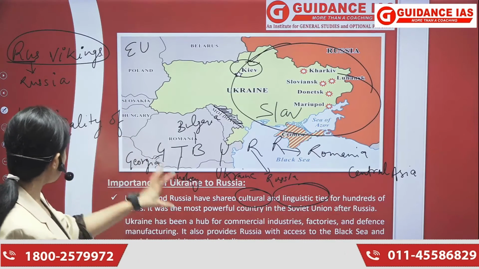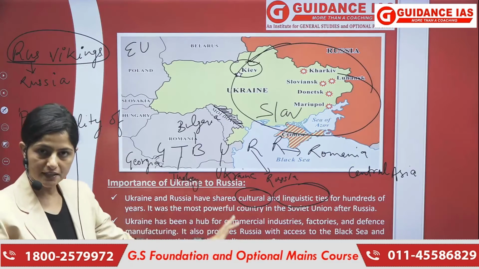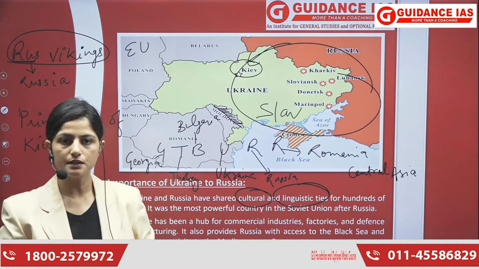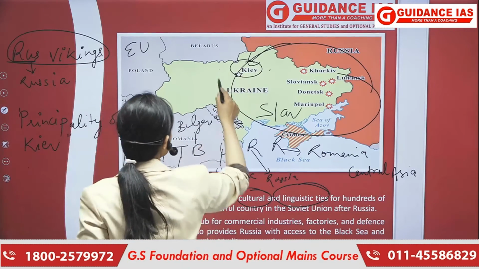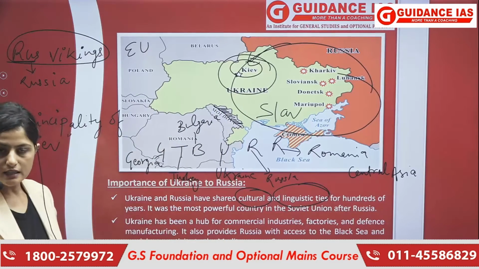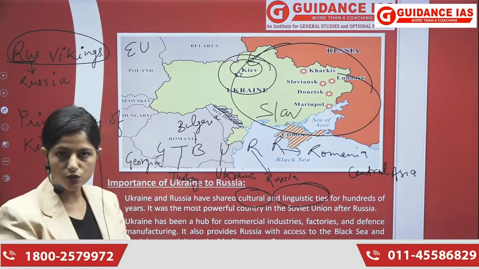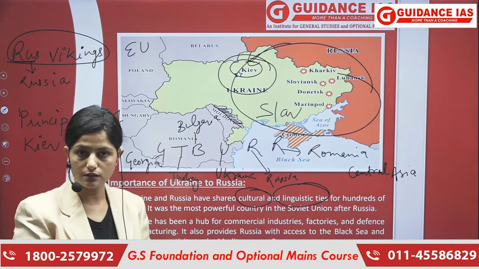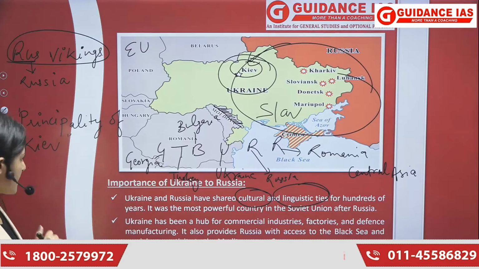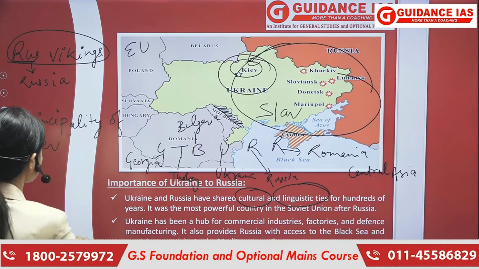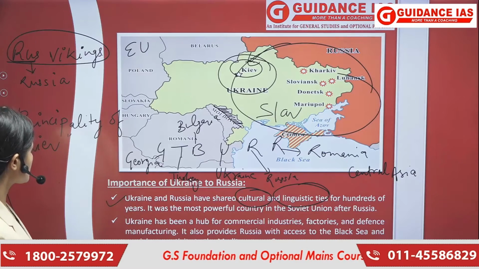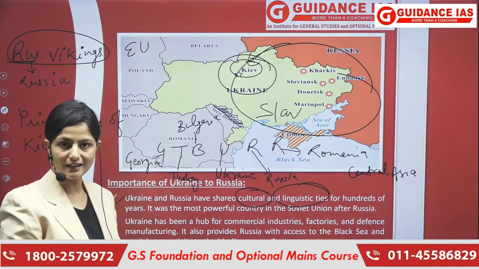The entire civilization and cultural life was centered around the Principality of Kiev only. So definitely they share this bond, their civilizational history. This was the first point, and a very important one, because they share really important ties together.